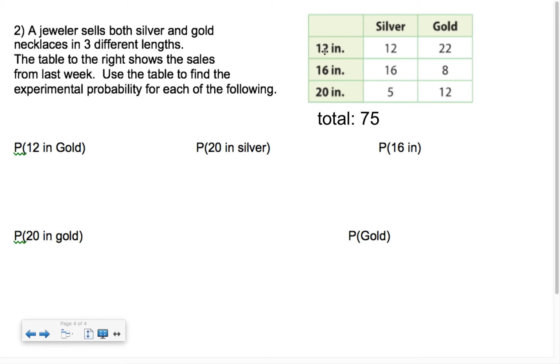Here's 12 inches. Over to gold, it's going to be 22. So this becomes 22 out of the 75 total trials. Now a 20-inch silver necklace. Here's 20-inch silver. There happens to be 5 out of 75. 5 goes into both. We get 1/15.